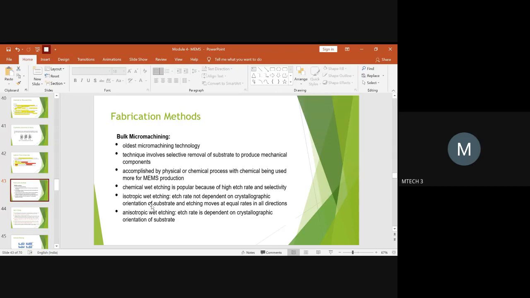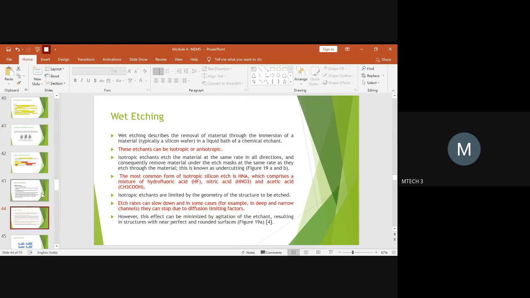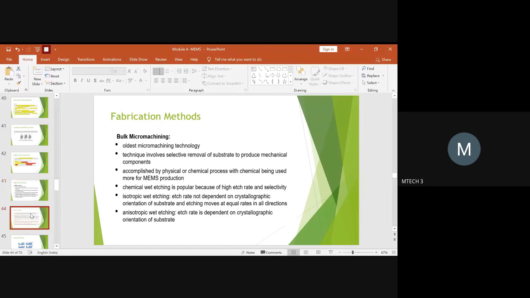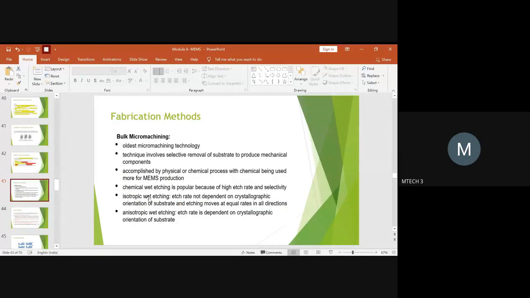The next is isotropic wet etching. Here, the etch rate is independent of the crystallographic orientation. I told you about the crystallographic orientation also. So in case of isotropic etchants, the wet etching is not related to the crystallographic orientation. In case of isotropic wet etching, it will not be dependent on the crystallographic orientation of the substrate.